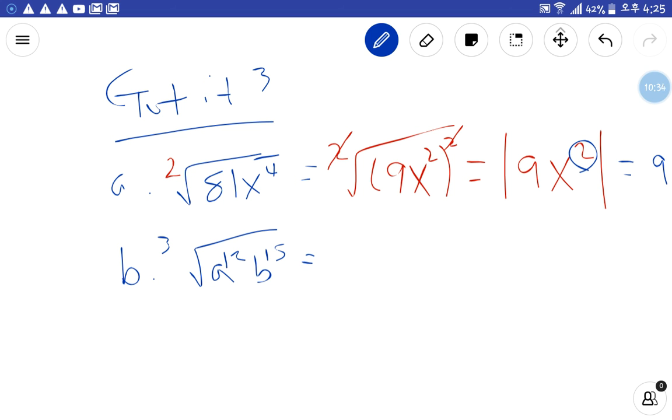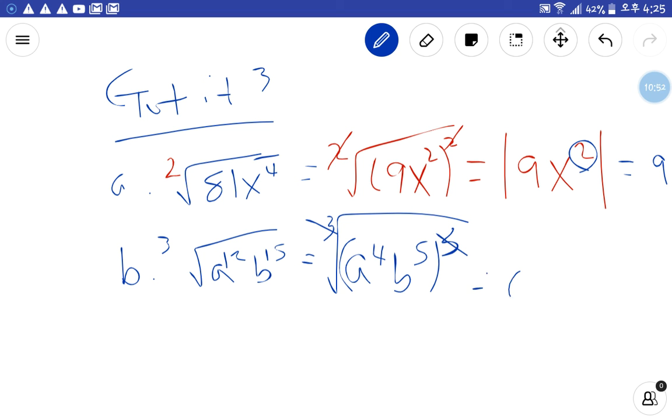So 12 divided by 3, a to the 4th power. 15 divided by 3, b to the 5th power, all cubed. That's equivalent to a to the 12th power, b to the 15th power. Now cancel this, and I get a to the 4th power, b to the 5th power. That's my final answer.